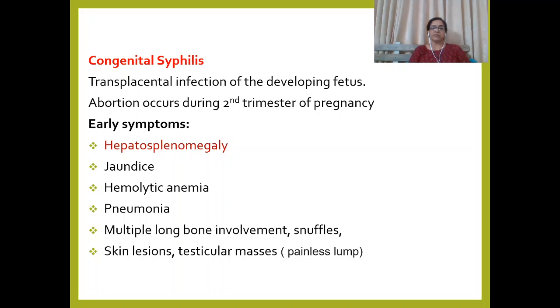One can check the changes which occur during breathing. There is a noisy type of breathing. Skin lesions, then there is formation of painless lumps on the genital areas, which are called testicular masses. So these are mainly observed during syphilis.